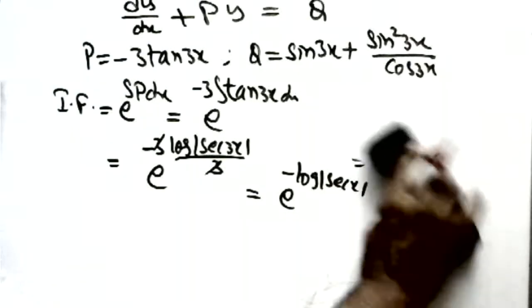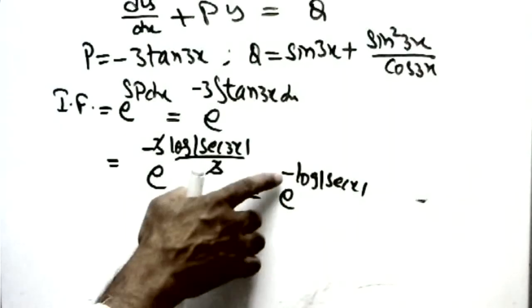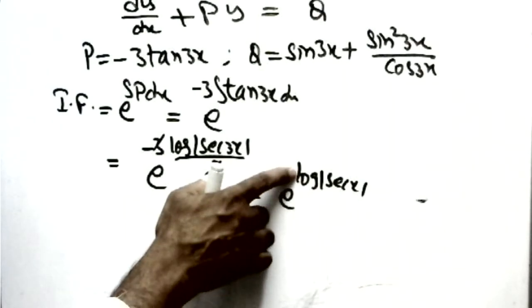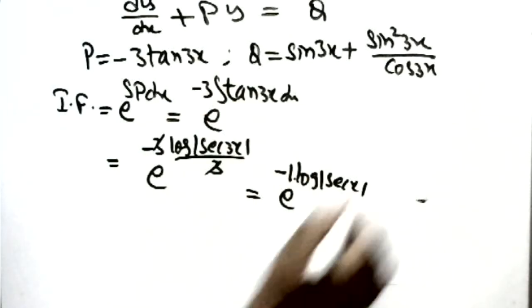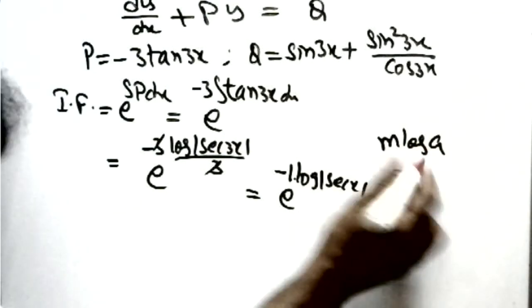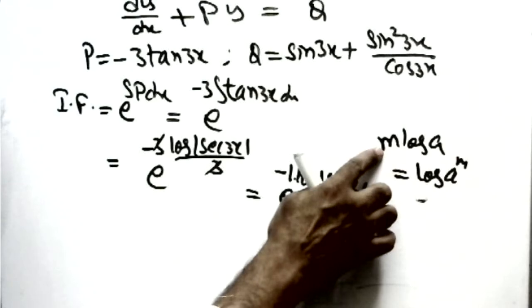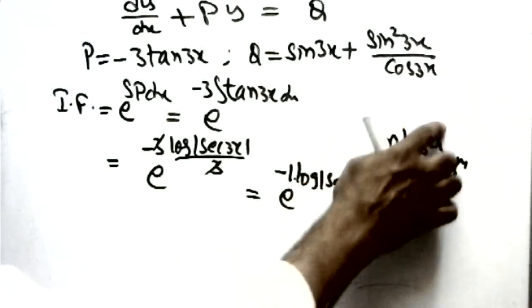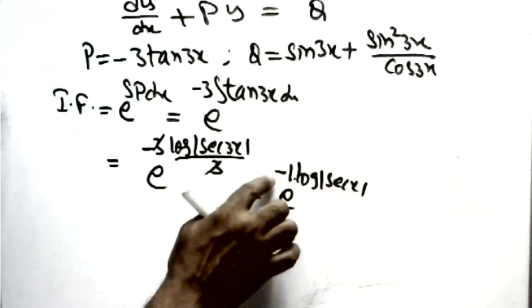Now the second step: e and log get cancelled, but we should not have the minus here. To take out the minus, suppose this as -1. There is a formula: m log a equals log a power m.